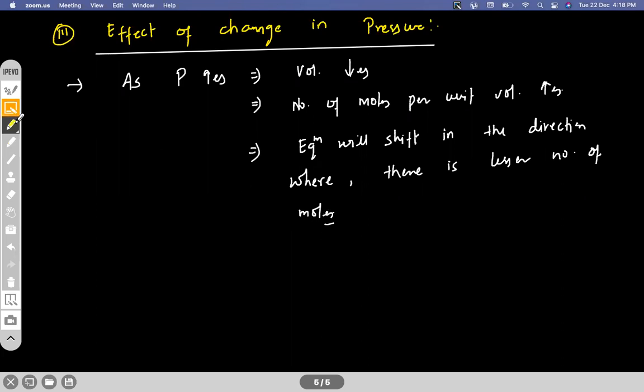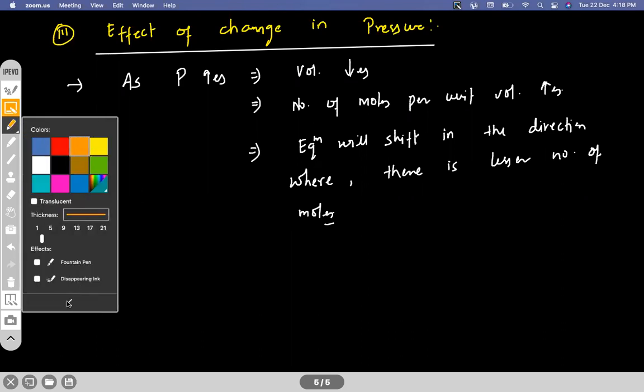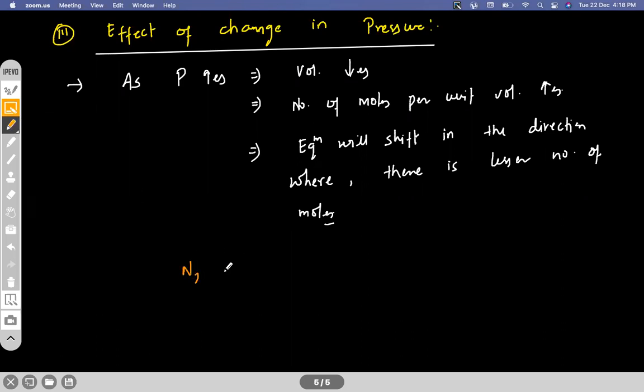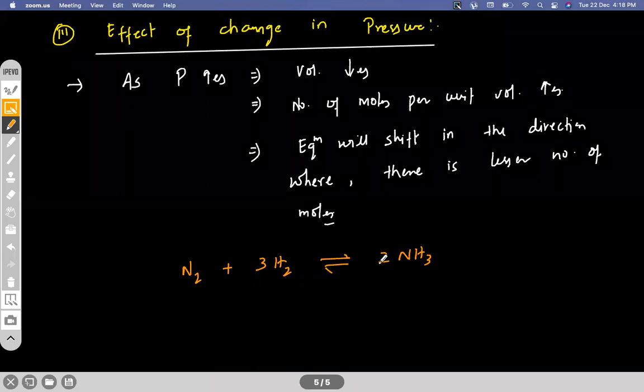Let's take an example and understand this. If you have N2 plus 3H2 gives 2NH3. In this case, if you increase pressure, then on the reactant side there are 4 moles, 3 plus 1, 4.